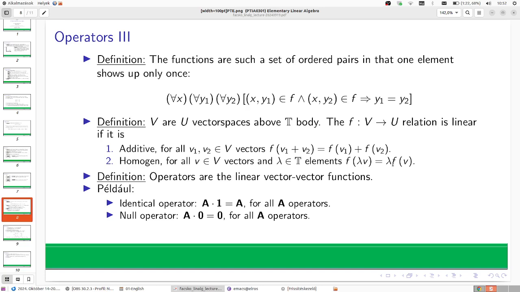So these are operators, because they are vector functions, and we need a restriction. They should be linear. In nature, we really like linear things. If it's not linear, then that's horrible. Usually we cannot do anything. For example, the weather, the climate, nothing is linear.